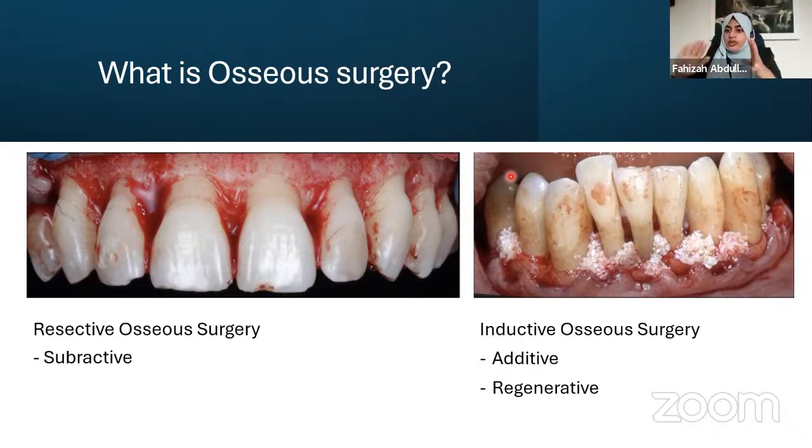You have to smoothen the bony defect, and only then can you add the regenerative techniques. So some amount of resective osseous surgery will be done before the regenerative procedures.